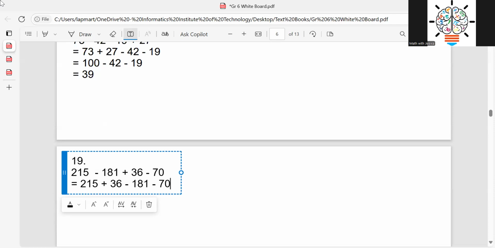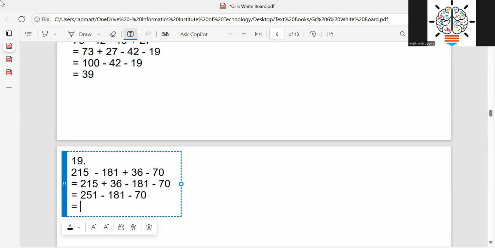Okay, so 215 and 36 when you add, it gives me 251. From this, you want to deduct 181 and you want to deduct 70, right? So what will be your answer? When you deduct 181 and 70, it gives me the answer 0.